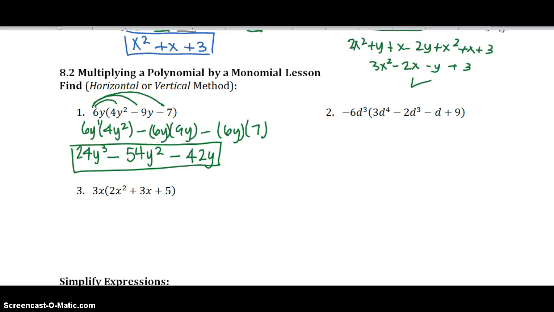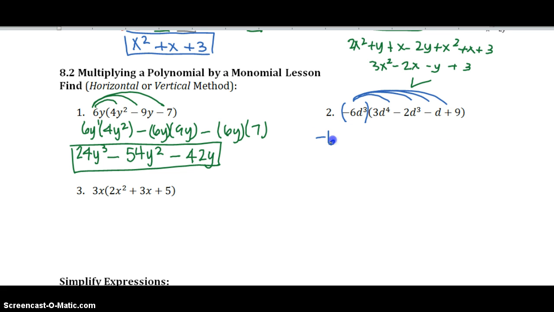Alright, let's tackle number 2, where we have to be careful. Let's give negative 6d to the third power a hug, so we don't forget that the negative is also being distributed to everything inside parentheses. So there's 4 terms in this polynomial.